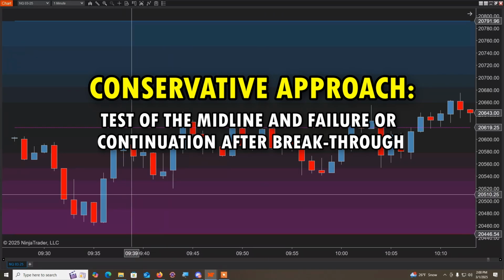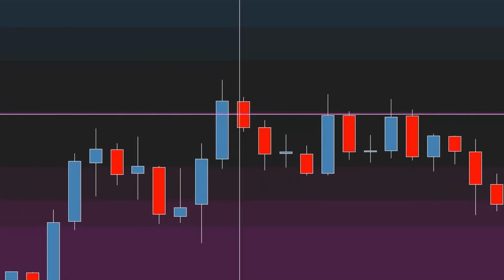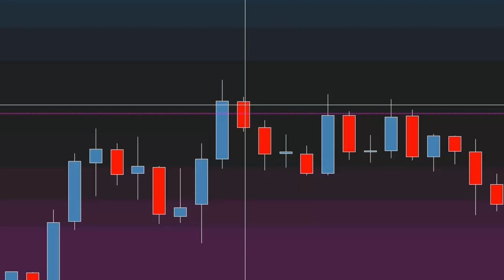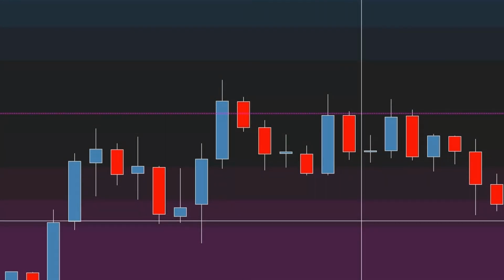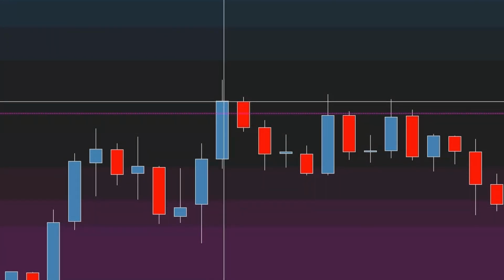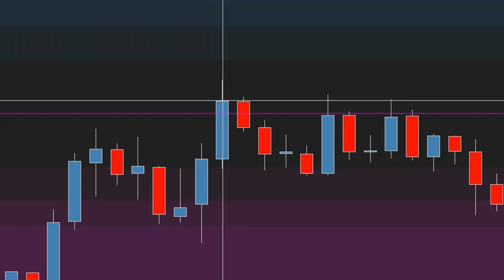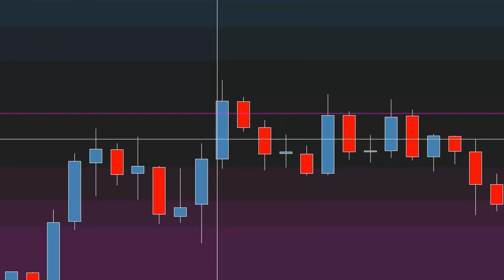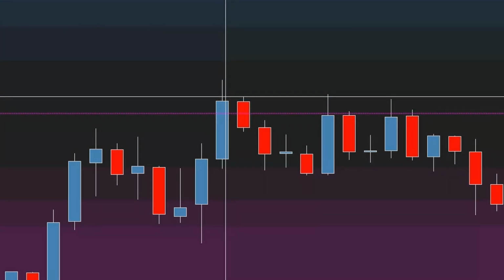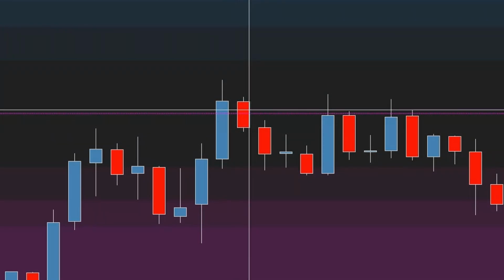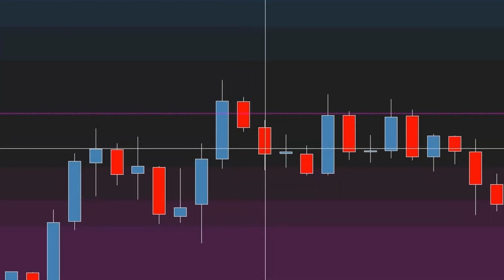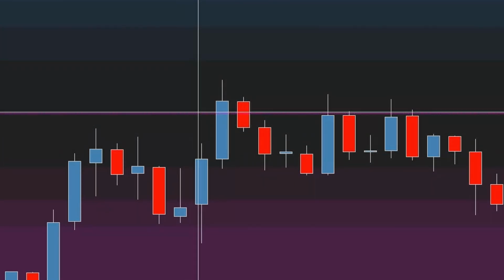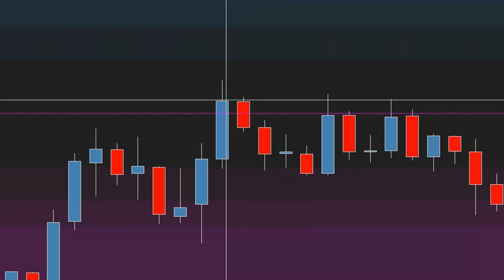So in this case, testing the midline from underneath results in a failure, and you take this and it's a short. Now, you would not be taking this long originally with a conservative approach. Why? Because yes, a bar closed above, but this test of the midline resulted in a break of the midline. So there is no long trade with a conservative approach.